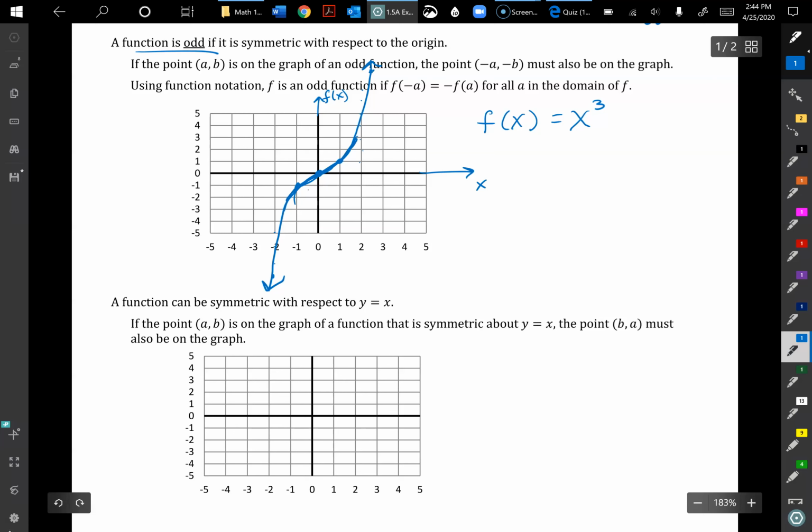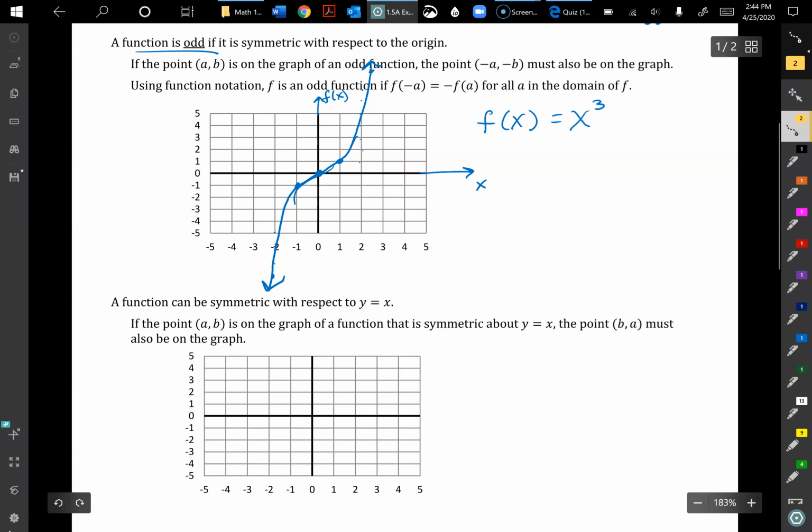Once we get those, let's look at the points. If the point (a, b) is on the graph of an odd function, the point (negative a, negative b). So not only does the x value change to its opposite, so does the y.